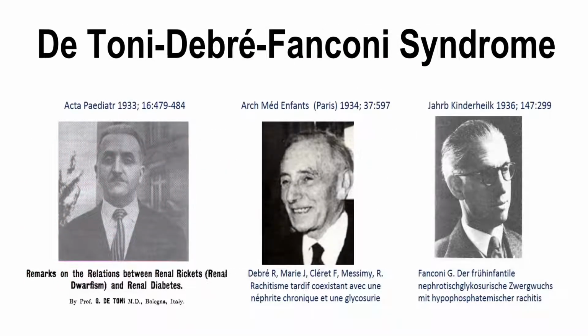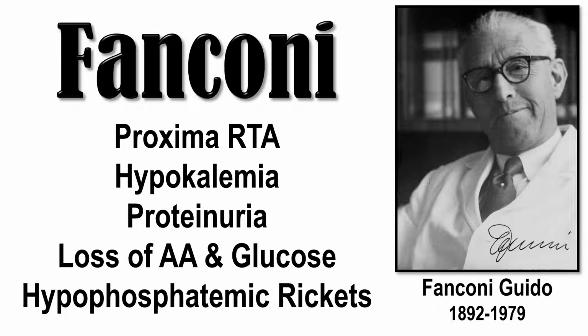Fanconi syndrome was initially described by de Toni, Debré and Fanconi, this team which described collectively the Fanconi syndrome, but in the end it is assigned to Fanconi. Fanconi described proximal renal tubular acidosis with hypokalemia, proteinuria, loss of amino acids and glucose, and also phosphate.